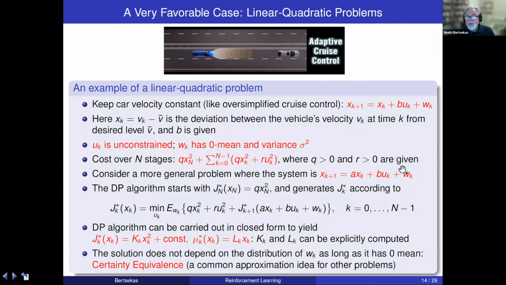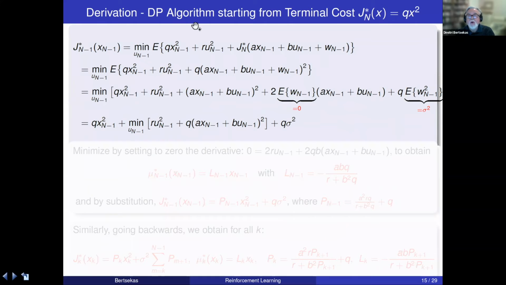So we're looking at this system equation and this quadratic cost function, and we're going to do the dynamic programming algorithm starting from the terminal cost, which is this. Okay, so the dynamic programming equation for stage n-1 is what you see here.